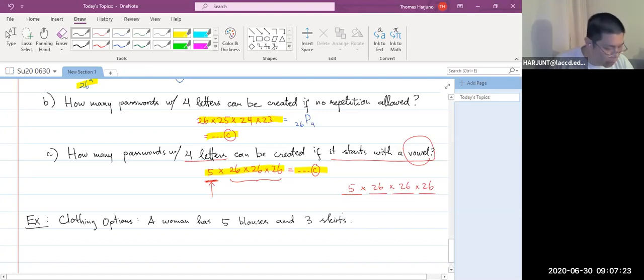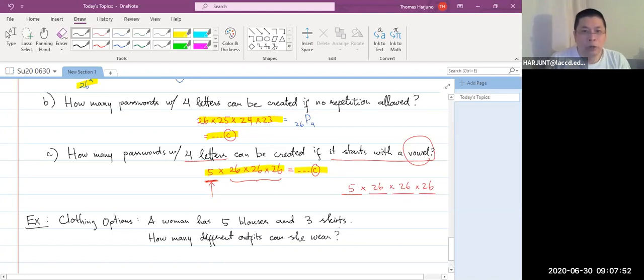Assuming that they all match, how many different outfits can she wear? That's the question.